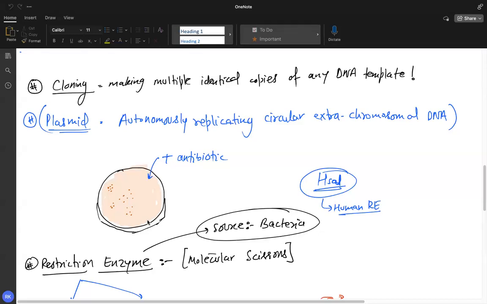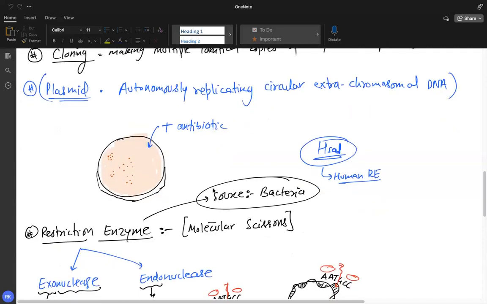We can also do cloning using the PCR technique, which I will teach you about in this chapter. That is a more targeted way of cloning any fragment of DNA. But the other one is putting it in a plasmid and sending it into a bacteria.